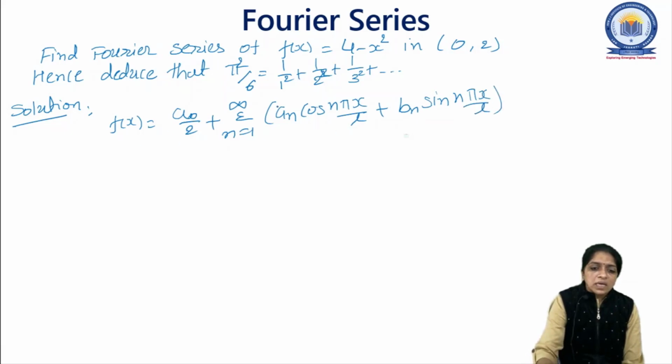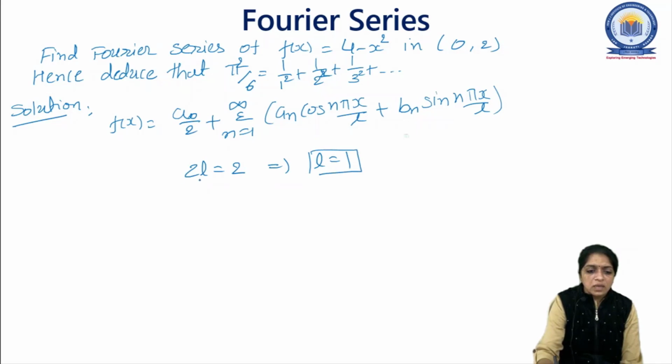Here, if we compare our interval 2L with 2, because our limits are 0 to 2, then 2L is equal to 2, which implies L is equal to 1, right?